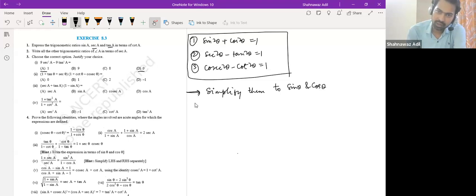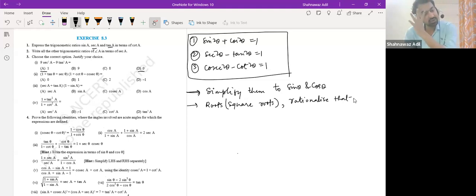Okay. And whenever you find roots, meaning square roots, not the zeros, rationalize that. So these are the things that we have to remember.